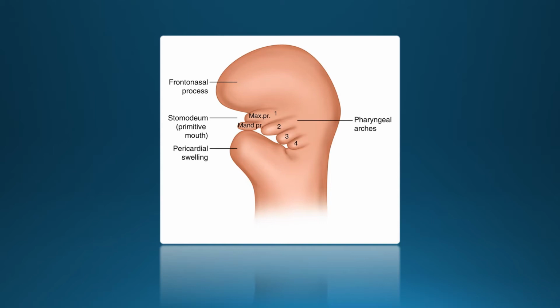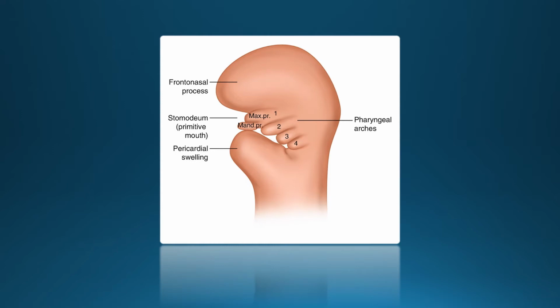If you have seen the video on pharyngeal arches, the first pharyngeal arch is the mandibular arch. So from the mandibular arch the maxillary process also arises. So the development of the face occurs by means of three processes: frontonasal process, maxillary process and mandibular process.